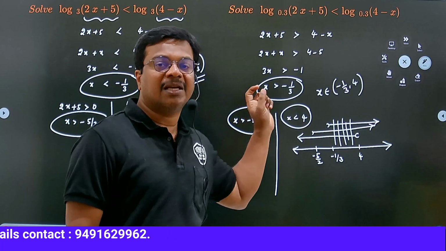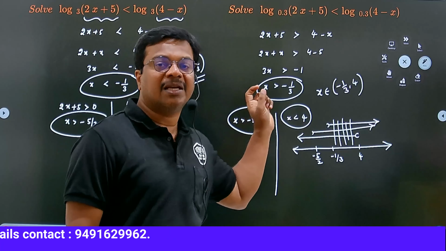That you have to observe, and also you have to apply the basic definition of logarithm. Logarithmic function is clearly defined when the input is non-negative, remember. Those conditions also you have to apply in the solution. Let us move to the next question.